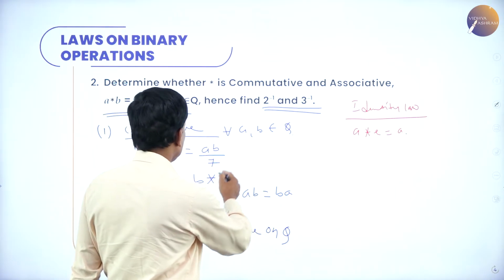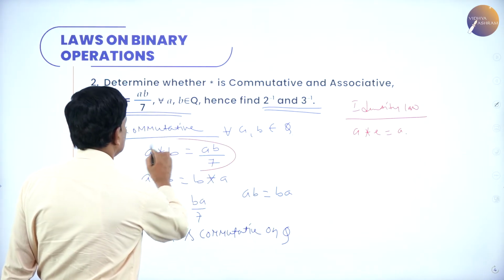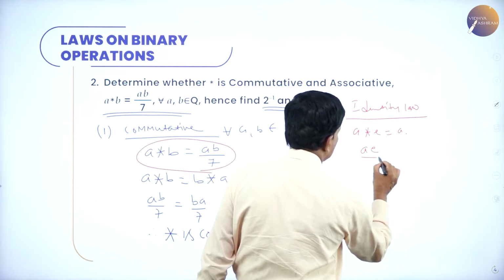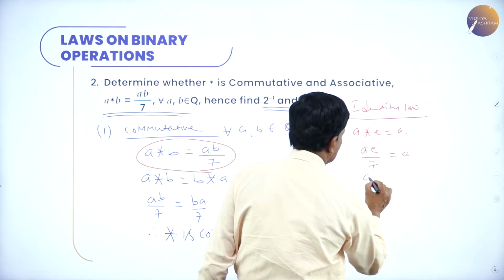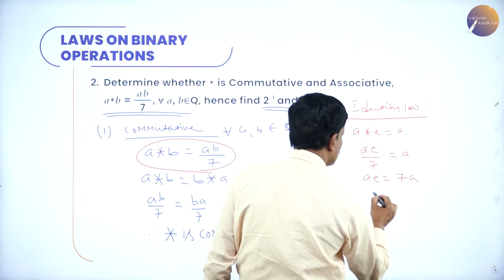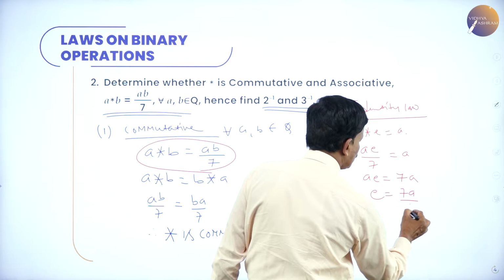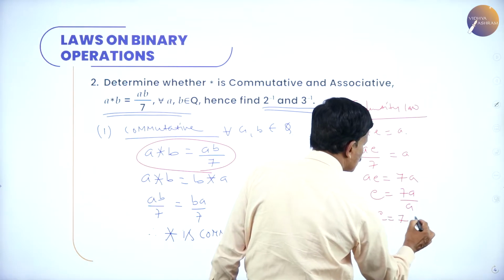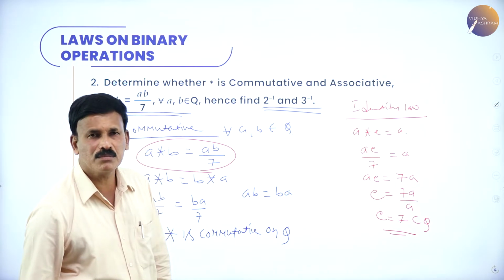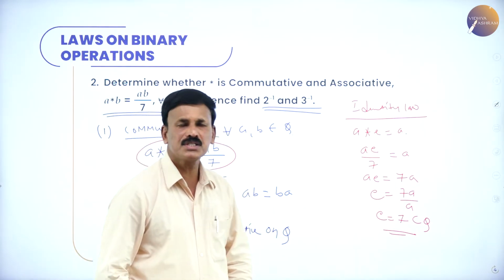Now since a star b is equal to ab by 7, a star e can be written as a into e by 7 is equal to a. Cross multiply. a into e is equal to 7a. So e is equal to 7a by a, which means e is equal to 7, belongs to Q. So e is equal to 7 is the identity element. What is the identity element? e is equal to 7.